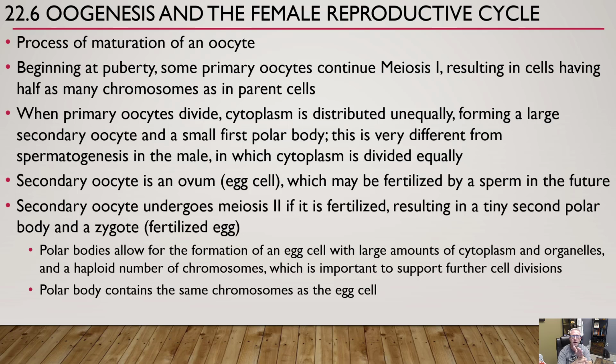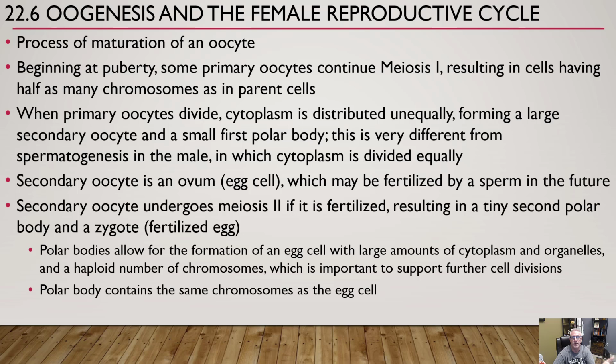And then sometime during puberty, meiosis 1 will pick up again. So beginning at puberty, some of those primary oocytes, because remember primary, we're still in meiosis 1, we're going to continue meiosis 1.